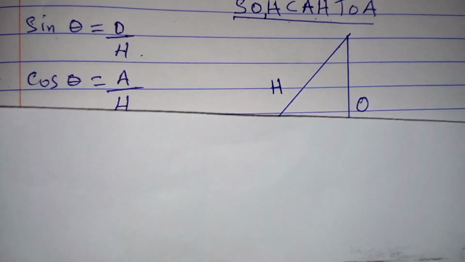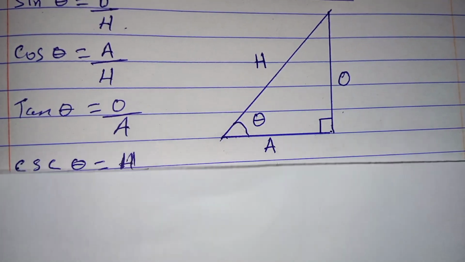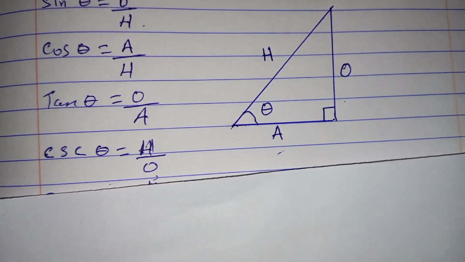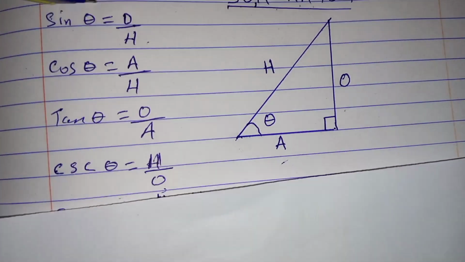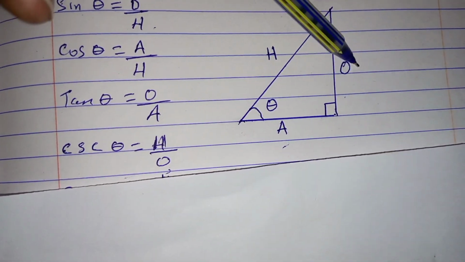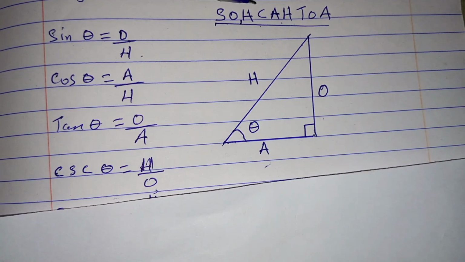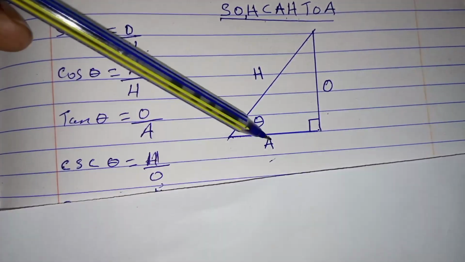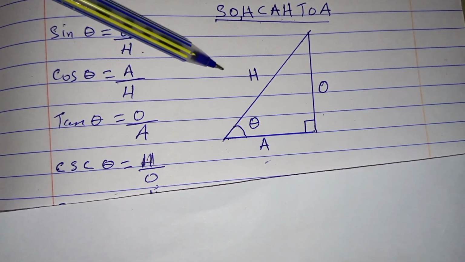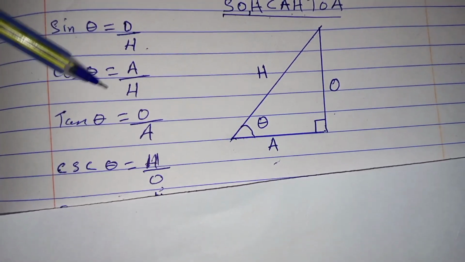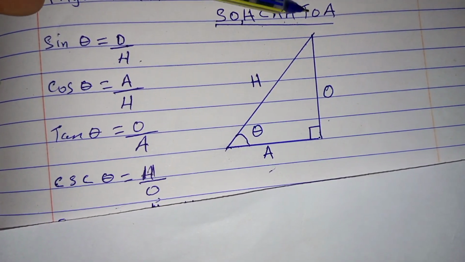So we consider this right angle triangle here, and we are going to see sine theta will be given by opposite divided by hypotenuse. Cos theta from SOHCAHTOA will be given by adjacent all over hypotenuse.